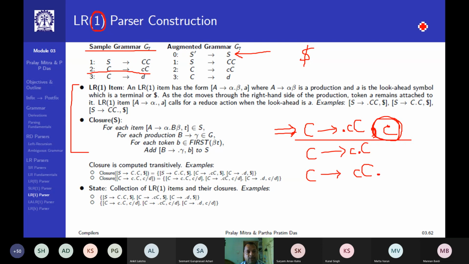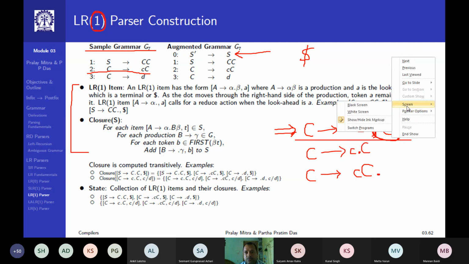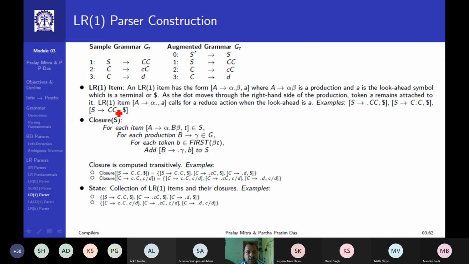Now if I go back to the theory part, it says that an LR(1) item has the form A derives alpha dot beta, comma a, with a dot in between alpha and beta, where a in italics is a terminal symbol.